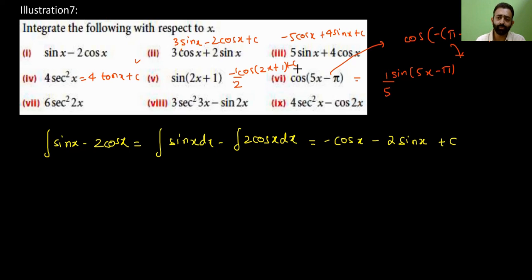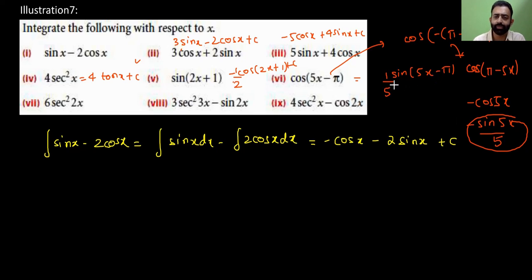If you are applying this property beforehand, means before integrating, cos minus theta is cos theta, and cos pi minus 5x is minus of cos 5x. Now you can integrate this, and this will be minus sine 5x upon 5.